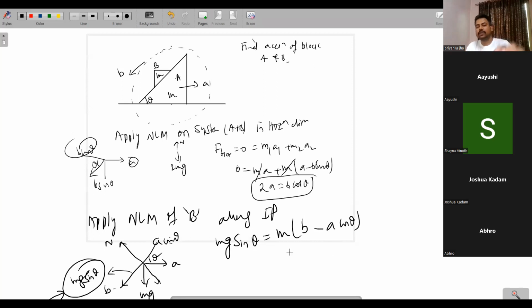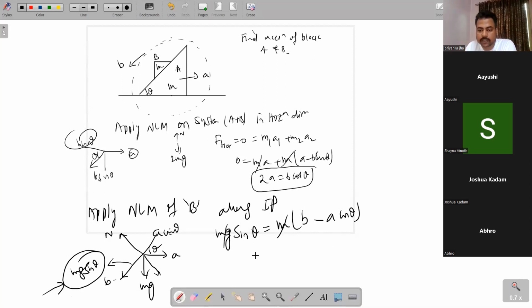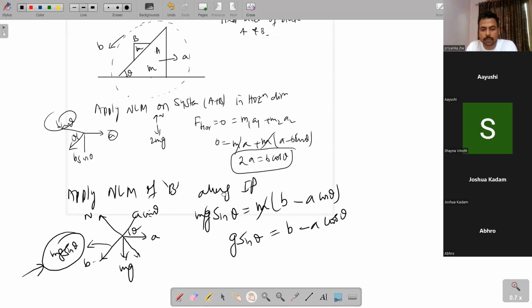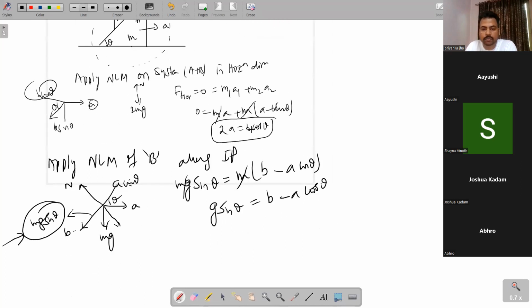Now you just have to solve these two equations. You get the answer in 2-3 steps. Just put the value of, suppose, B or A here. So A is B by 2 cos theta into cos theta, cos square theta. From here you can simplify this.